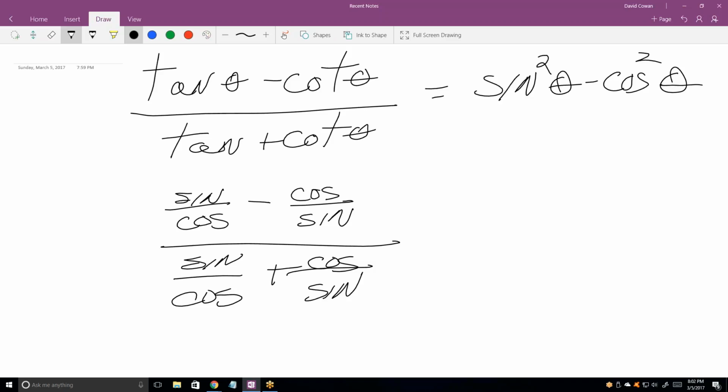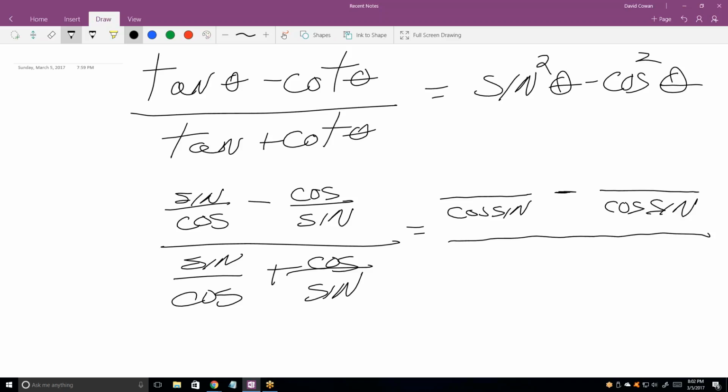Now we basically have to add or subtract these fractions. What's the common denominator in the numerator? Cosine times sine. What's the top left have to be? Sine squared.